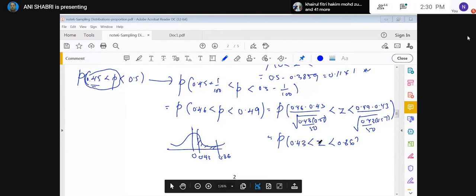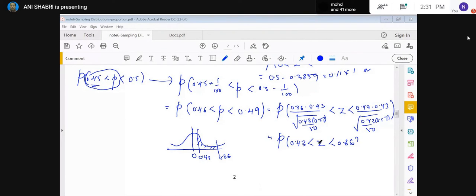Okay, 0.43, 0.43. If you see from the table 0.43 minus 0.87, 0.336 minus apa 6.